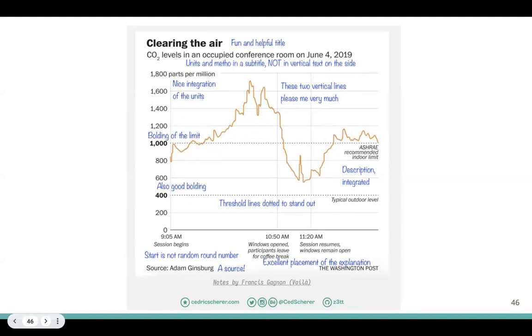So there is a fun and helpful title at the top, right? The title is critical. It conveys what's going on. There's a description of what the axes are, what the X and the Y axis are. There is a particular choice about why two particular vertical lines are there. There is particular labeling in both the x-axis and the y-axis.